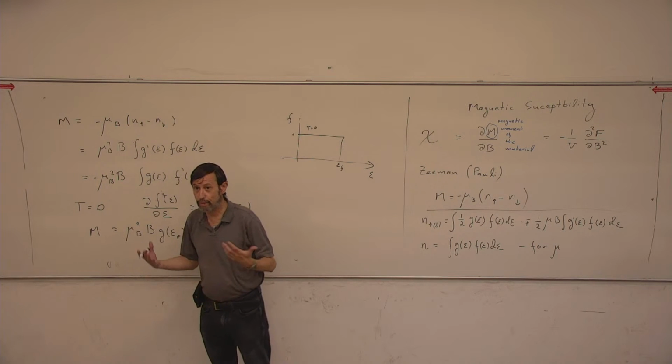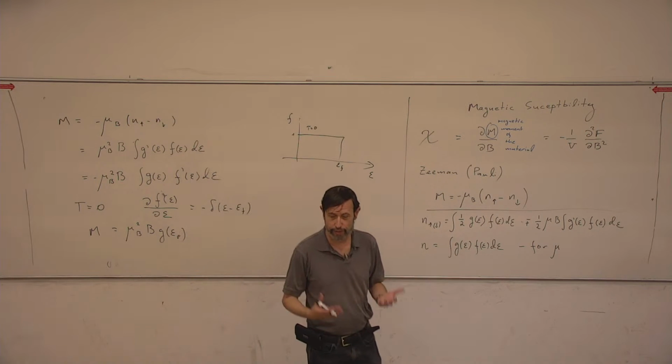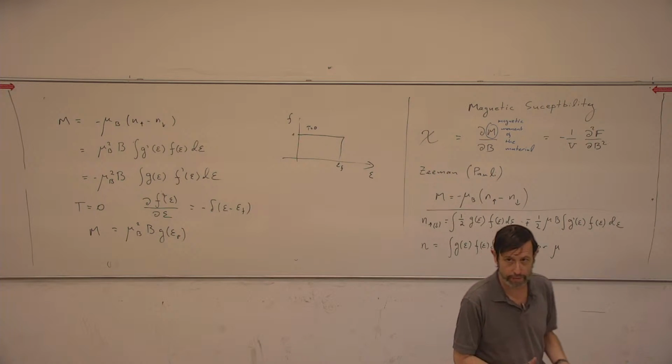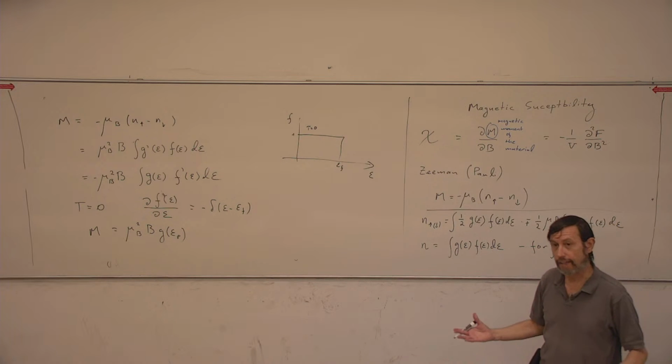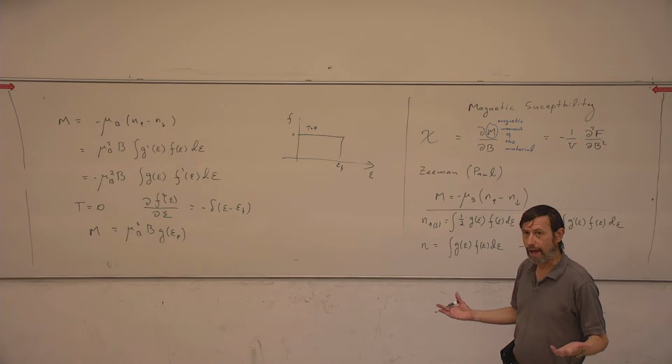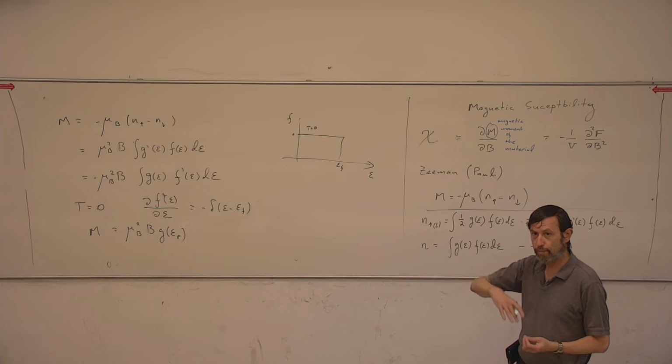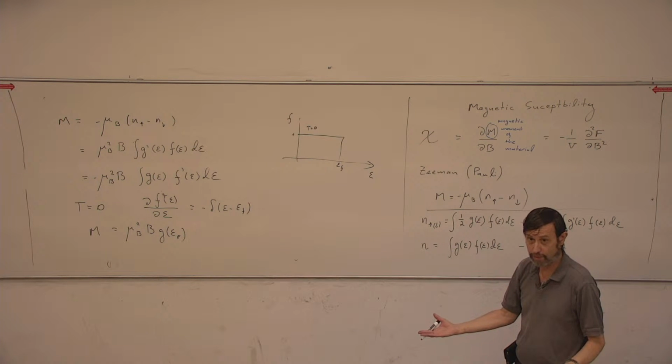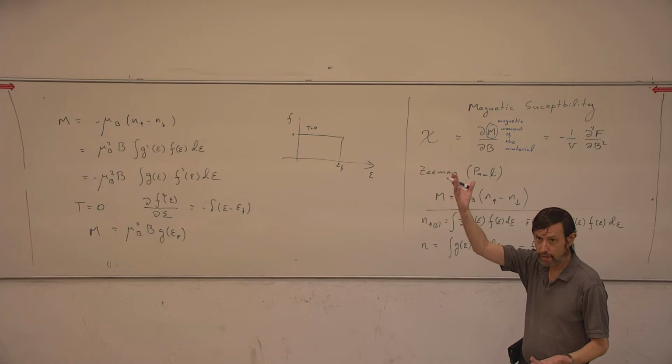Another example of the importance of the density of states at Fermi energy, because at the end of the day, how many electrons I can move from up to down depends on the number of electrons at the Fermi energy. Above it, it's not relevant.